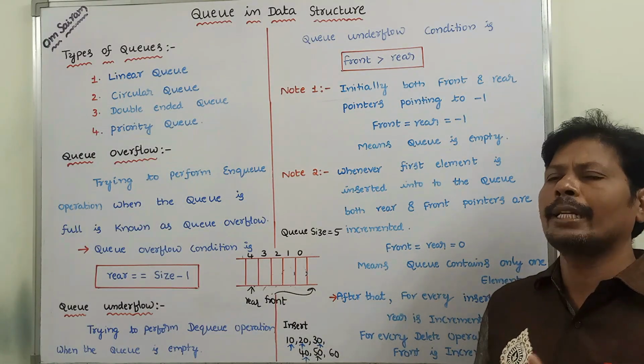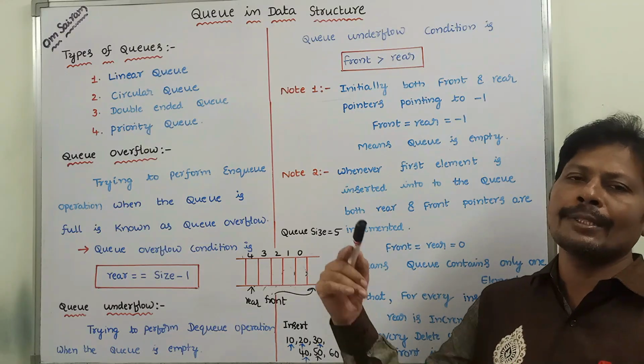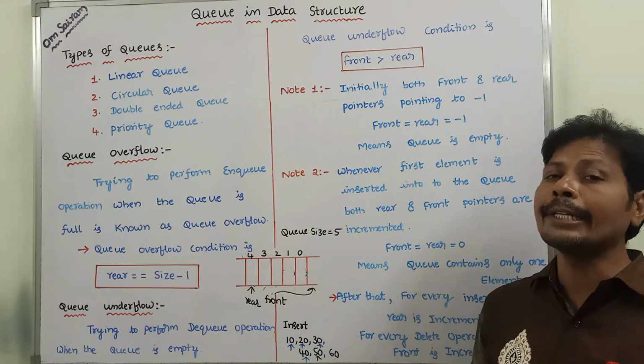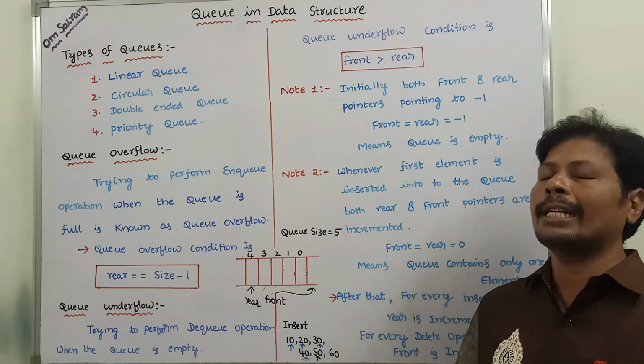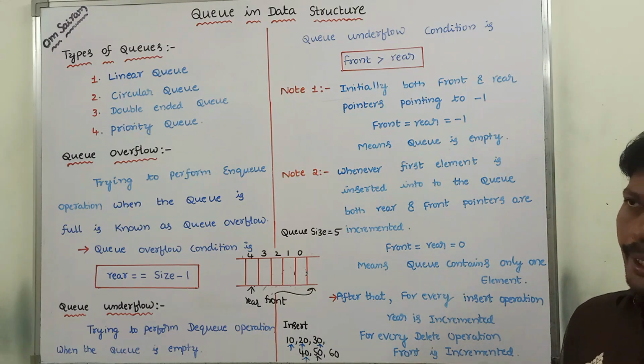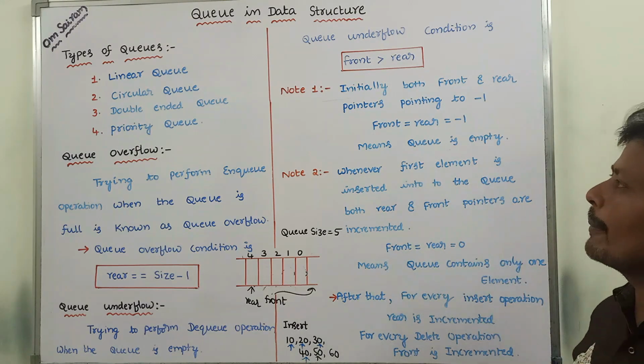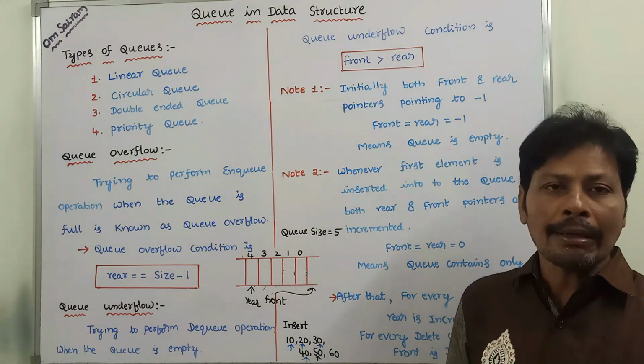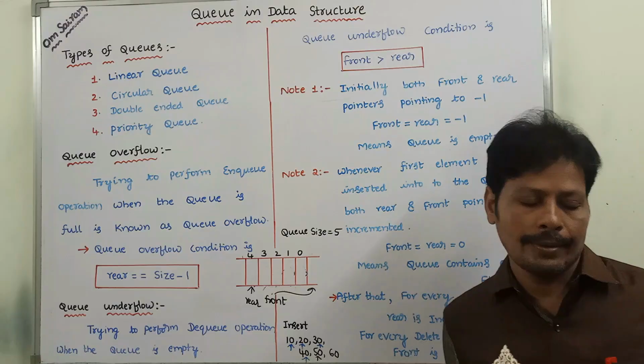After that, whenever insert operation is performed, rear pointer is incremented. Whenever delete operation is performed, front pointer is incremented. So these are the 3 important points. Keep them in mind while implementing the queue operations.